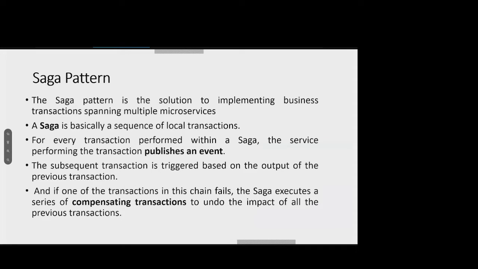So now we come to a pattern which is trying to resolve some kind of troubles which can be there in a transaction spanning across multiple services, for example. So how do we handle that particular scenario when services are executing parts of the transaction, and gradually it will achieve the final stage and maybe be fully committed?